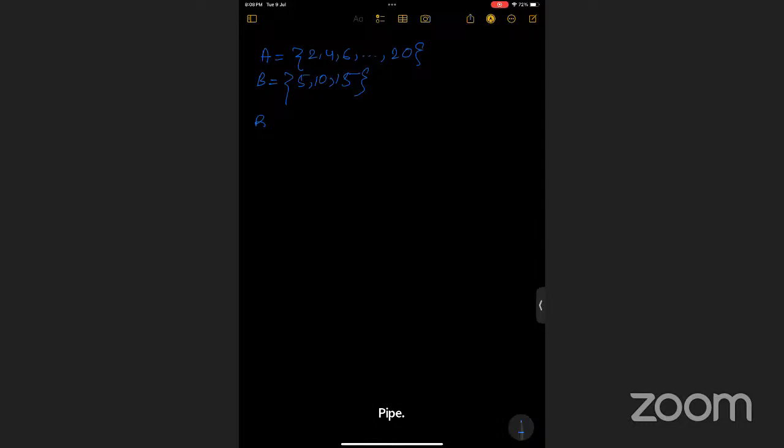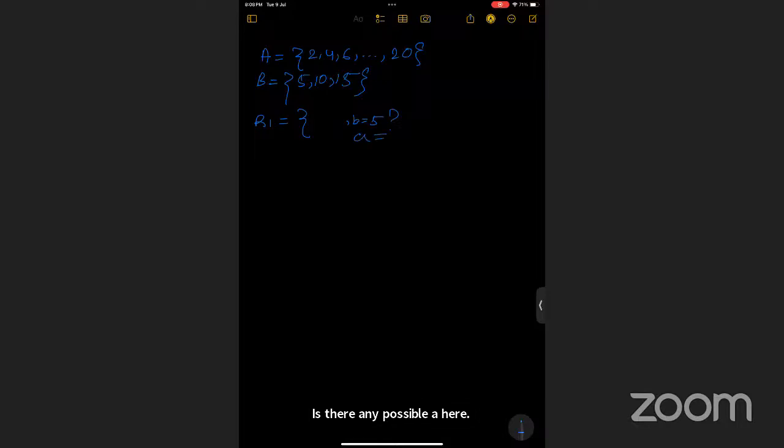Now what is R1? R1 is: a belongs to A, and A is a factor of B. So if we take B as 5, then what is A? Is there any possible A here? No, ma'am.